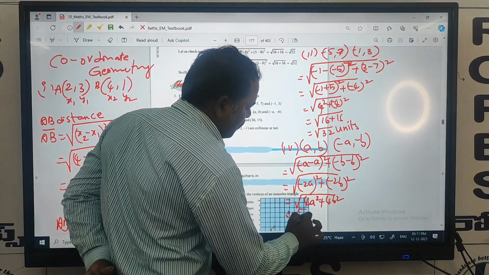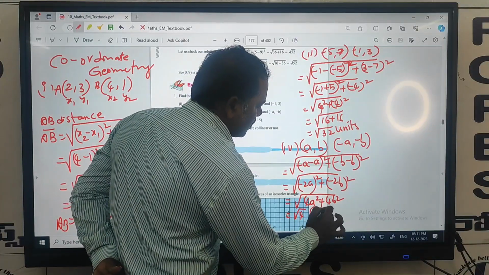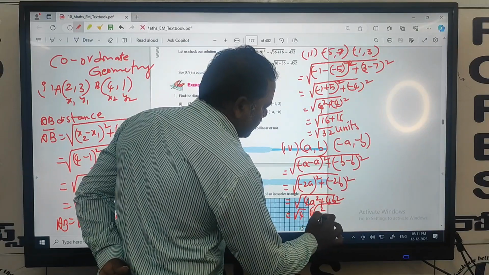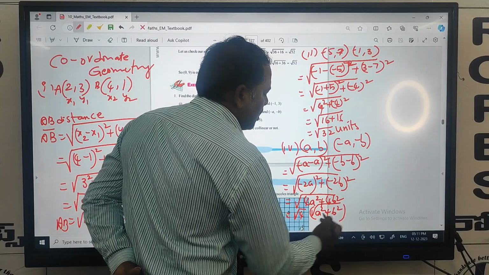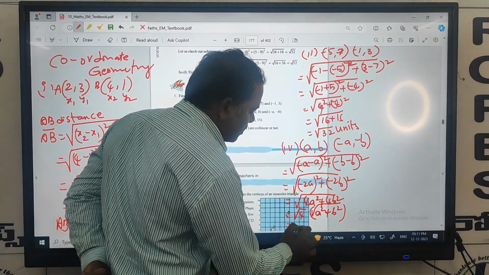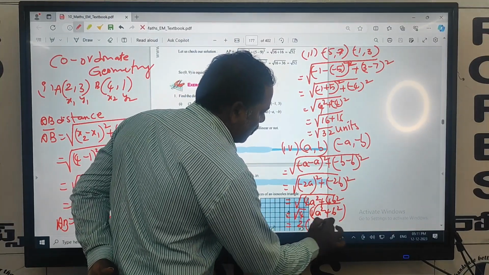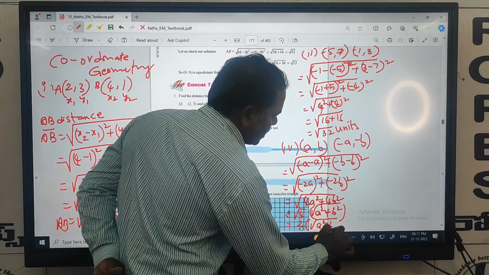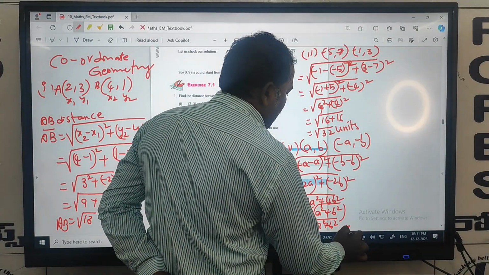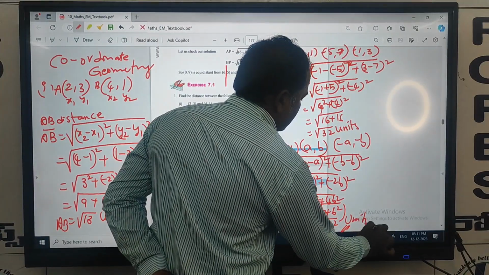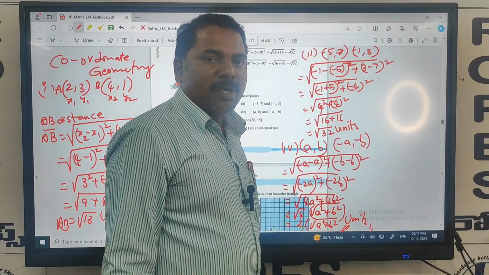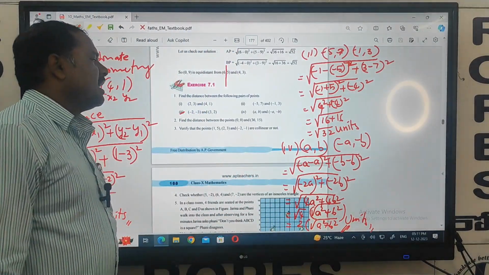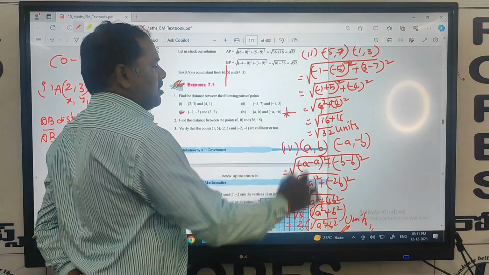We can write this as root of 4 into (A square plus B square). The square root of 4 is 2, so 2 into root of A square plus B square units. This is the distance between (A, B) and (minus A, minus B). This is how to find the distance between two points. It is important.